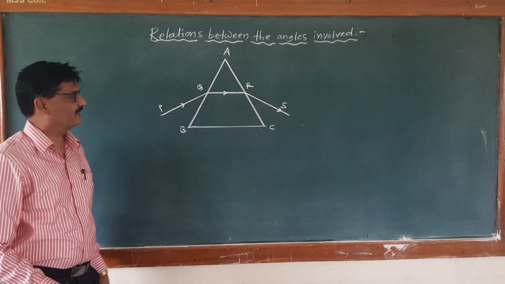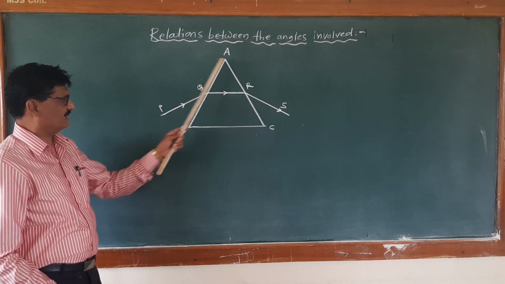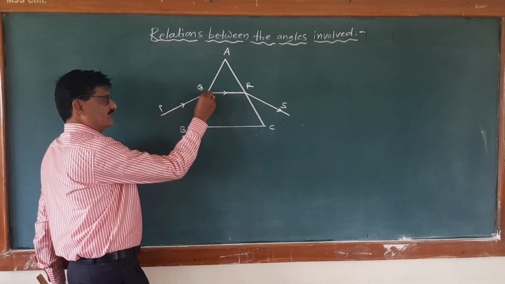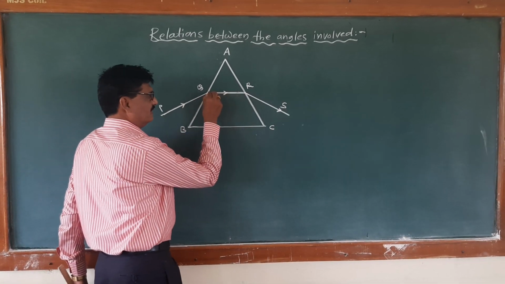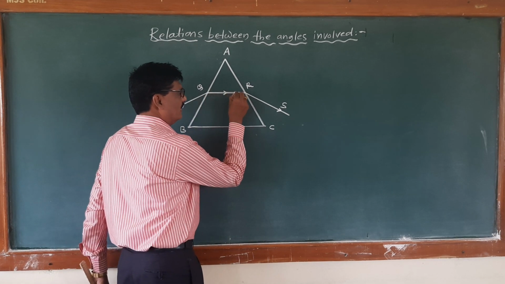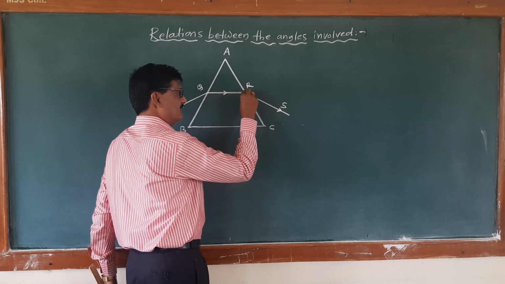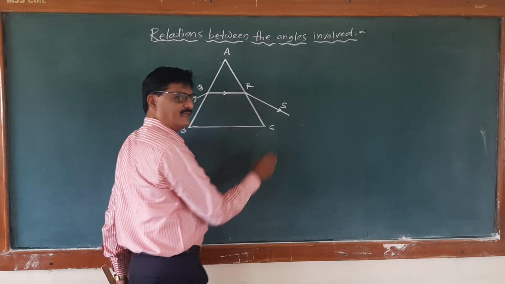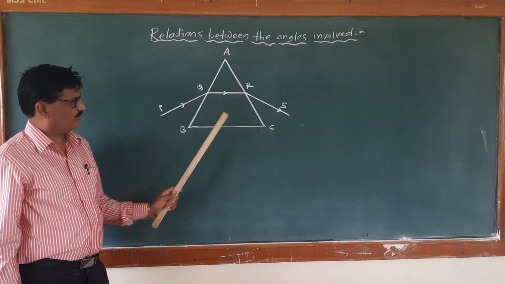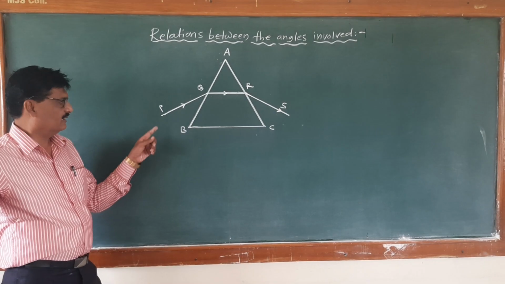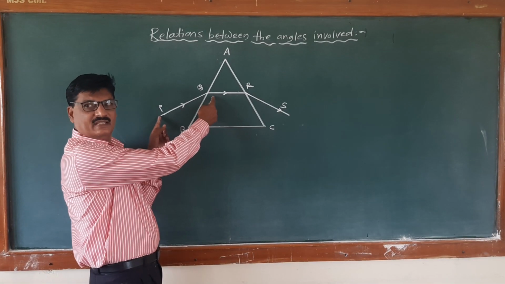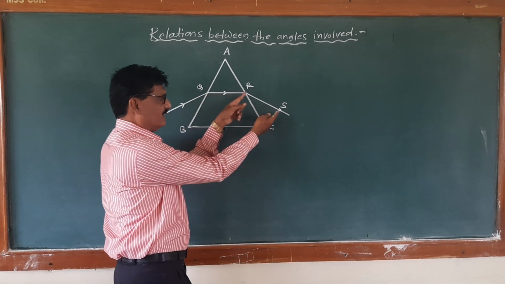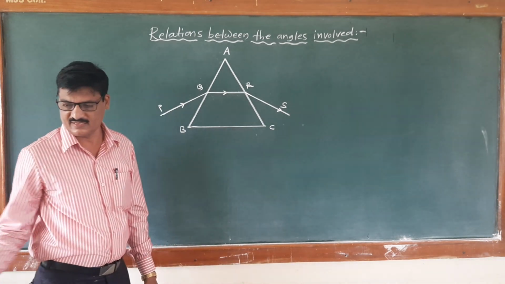Therefore, in this principal section, the ray PQ is incident on the surface AB, gets refracted and travels along QR. And at the surface AC, again this ray gets refracted and travels along RS. Therefore, from this figure, PQ is called incident ray, QR is called refracted ray, and RS is called emergent ray.